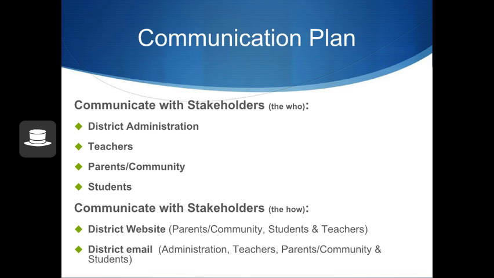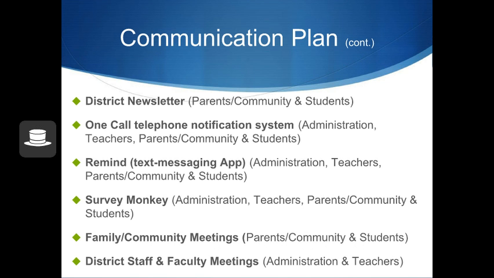Communicate with stakeholders, the how. So we can use the district website for communication, district email, and we can send out newsletters. We have a one-call telephone notification system. We can use Remind, a text messaging app, to let them know.